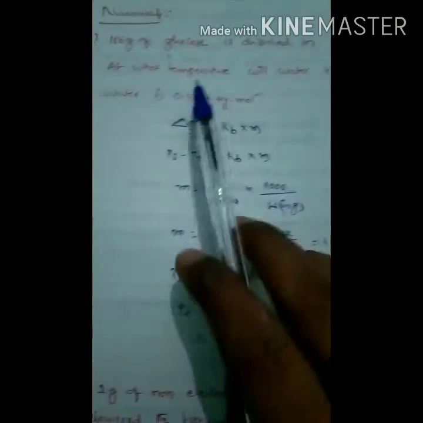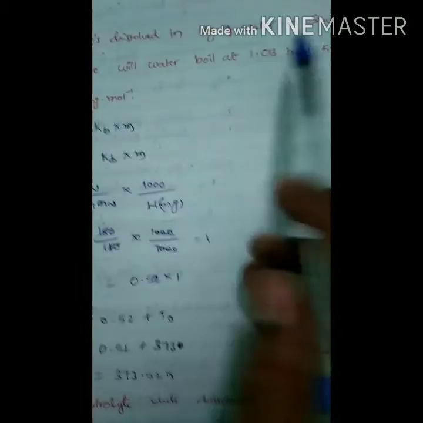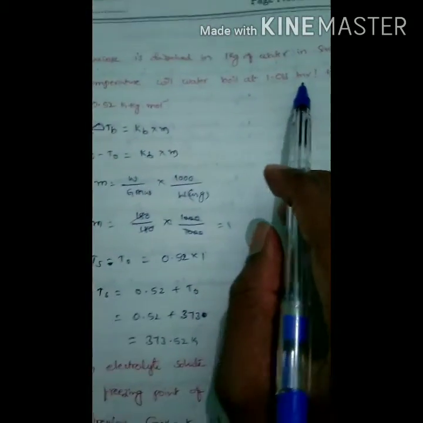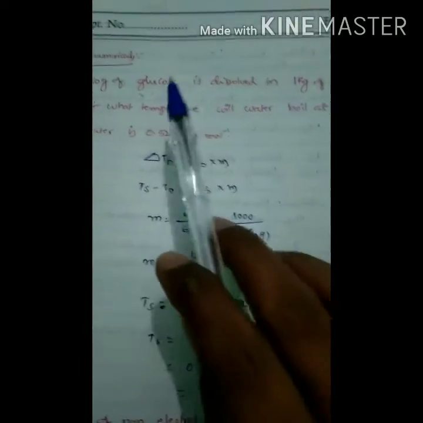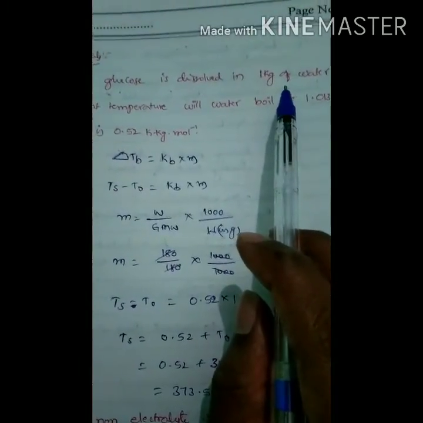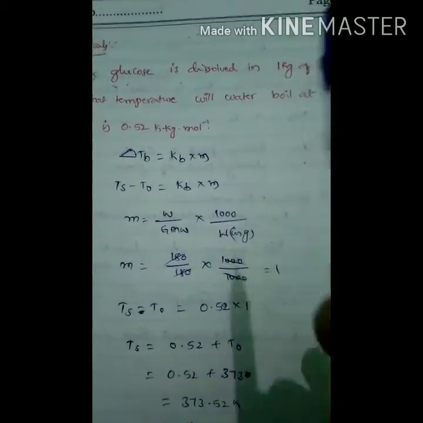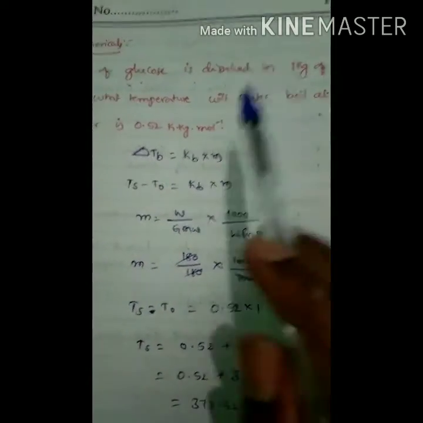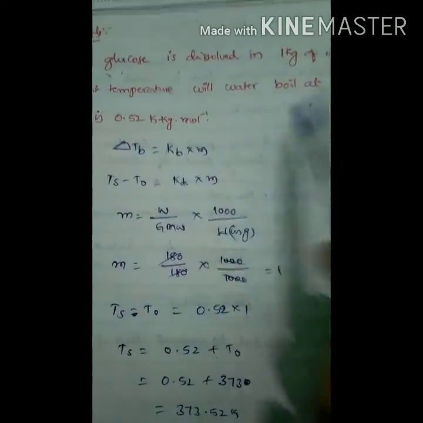Here some points are given, that is at what temperature will water boil at 1.013 bar pressure. Bar means pressure. That means after adding glucose to water, we have to find the boiling point of the solution, not the boiling point of water, because the boiling point of water is 100 degrees, we know that already.